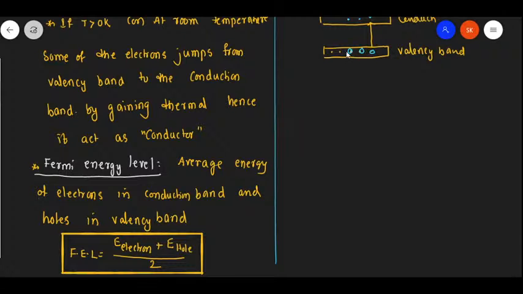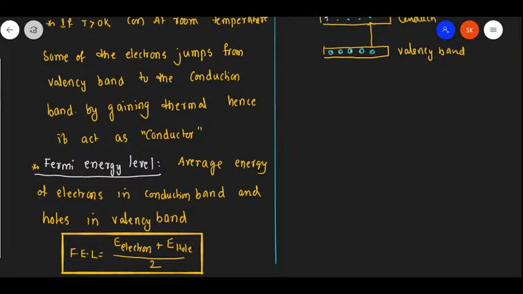These vacancies, these small circles, are called holes. And these electrons are called free electrons.